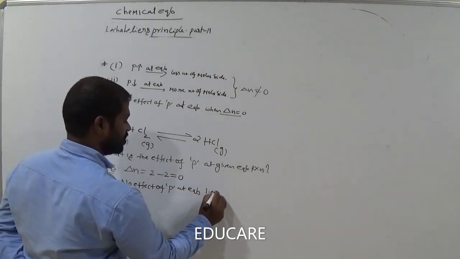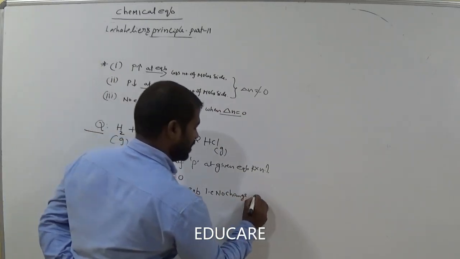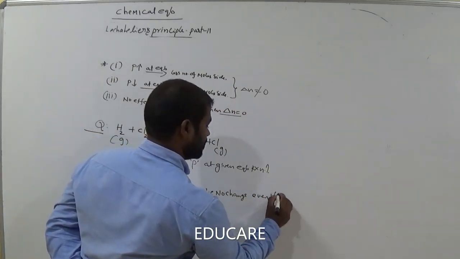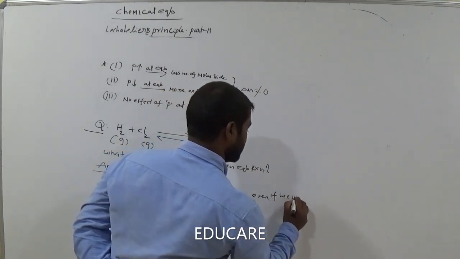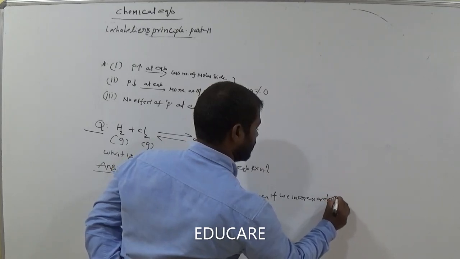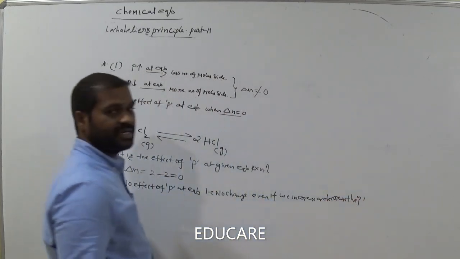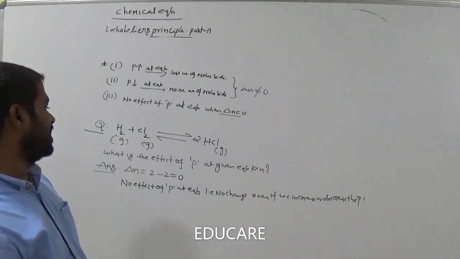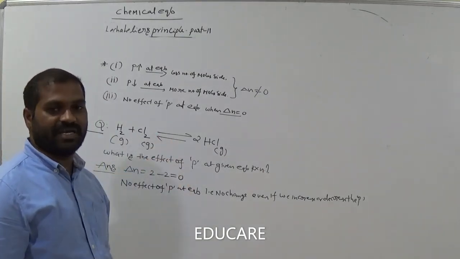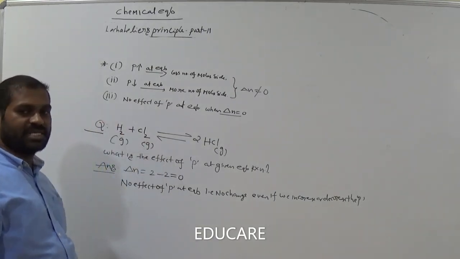That is no change. Even if we increase or decrease the pressure in the given equilibrium, there is no effect on the equilibrium position. Why? Because delta n is equal to 0. Both sides' number of moles are equal.